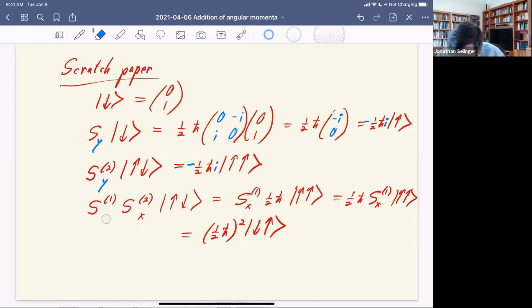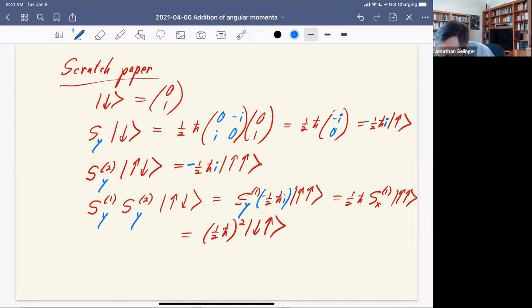And if we have S1y, S2y acting on all this stuff, then this is S1y acting on negative a half h bar i times all this stuff.